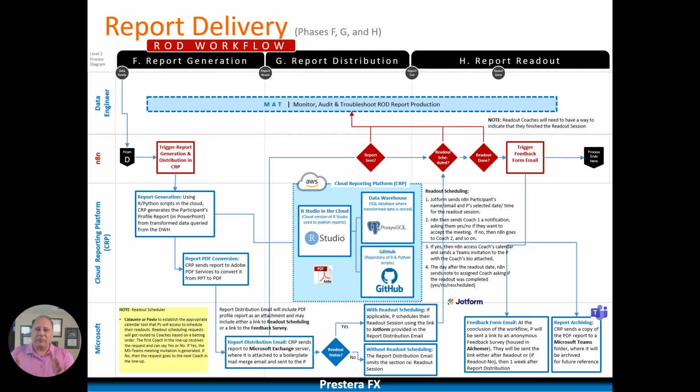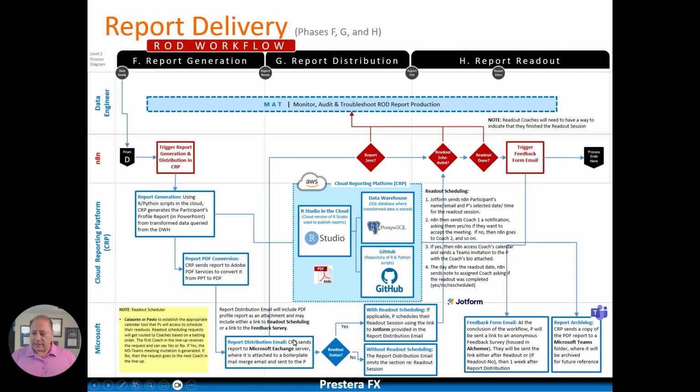And so it's like a little assembly line, and you've got a bunch of code that's handling all these different parts of it. Once that report is assembled, another script will take that report and convert it into a PDF, which is the final form it takes before it is attached, again by another script, to a Microsoft Office email with boilerplate text on it, and then pushed out to the participant.